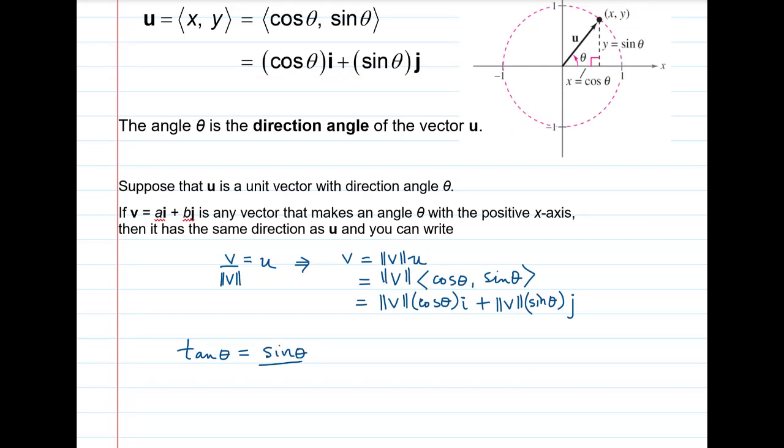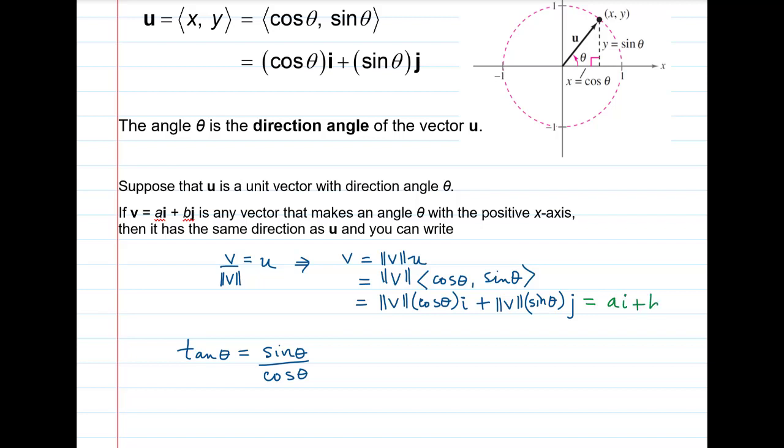Well, you may ask, how do we find the direction angle if we have all the other information? If you're asked to find the direction angle, or in this case theta, we're going to use just our basic trigonometry here, and we know that tangent of any angle is equal to sine of the angle divided by the cosine of the same angle.